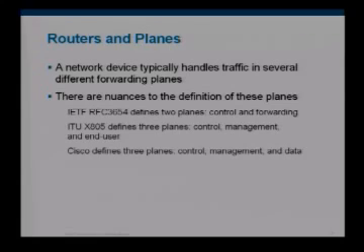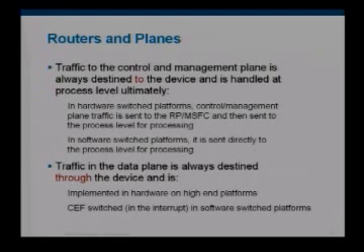Okay? So the box sees traffic of different types, and we're going to see what these different types of traffic look like. The first 2, the control and management plane traffic, are always traffic that is to the device, to the box itself.